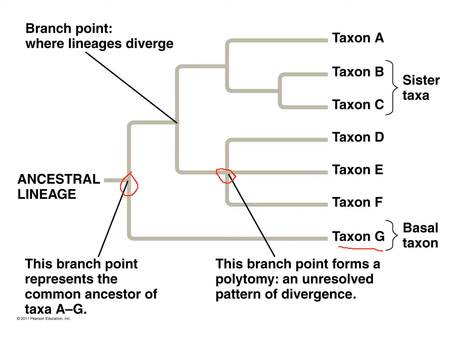It is more likely that within that cluster of three, two of them are more closely related to each other. But we don't have enough data to portray that, so it appears as what we call a polytomy, an unresolved branch. The two taxa that are the most closely related are B and C. B and C share the most recent common ancestor, and these are what we would call sister taxa.